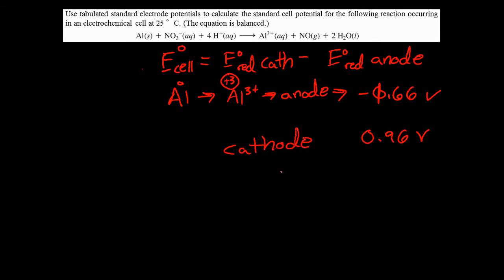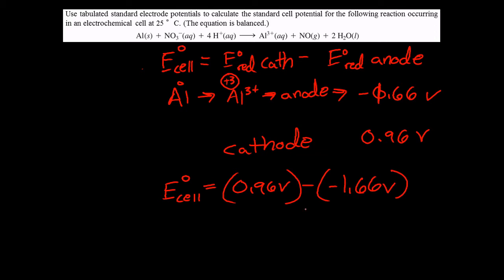So to find the standard cell potential, we are just going to say E cell under standard conditions is cathode, 0.96 volts, minus anode, negative 1.66 volts. So these are actually going to add together because we're subtracting a negative value.